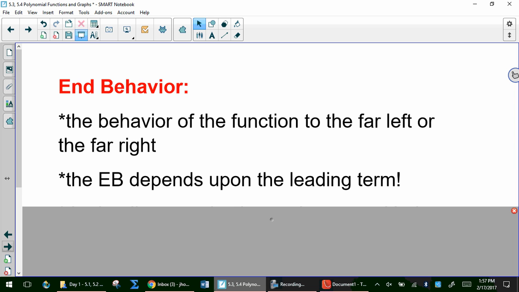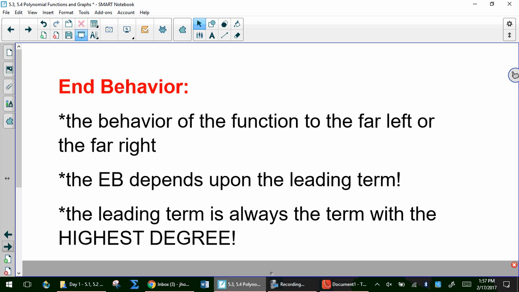So the end behavior depends on the leading term. And the leading term is always the term with the highest degree. So when we write expressions in descending order, we need to write polynomial functions in descending order as well.